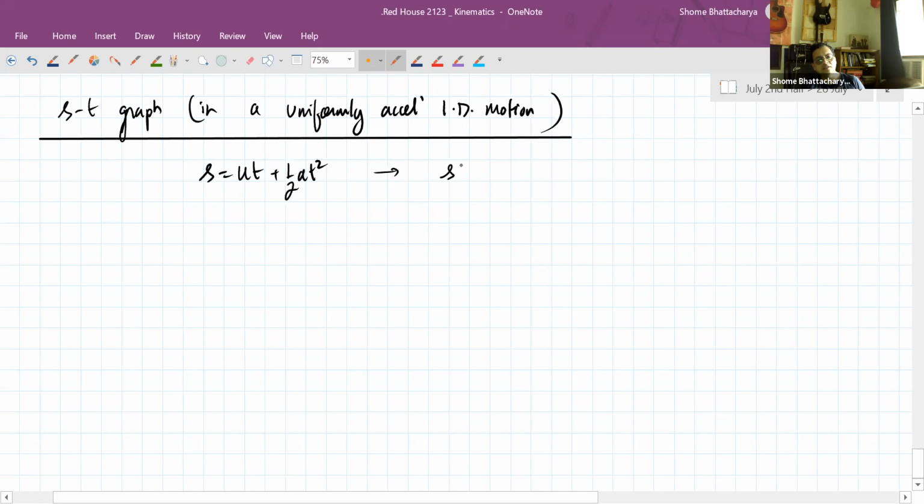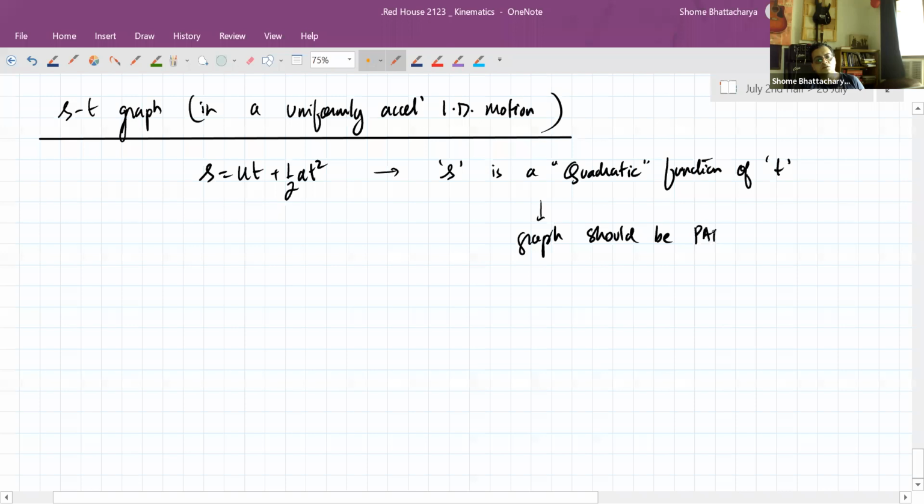So we can see that displacement is a quadratic function, a polynomial with degree 2, of time t. So in general, the graph should be parabolic. We've learned about this before also.